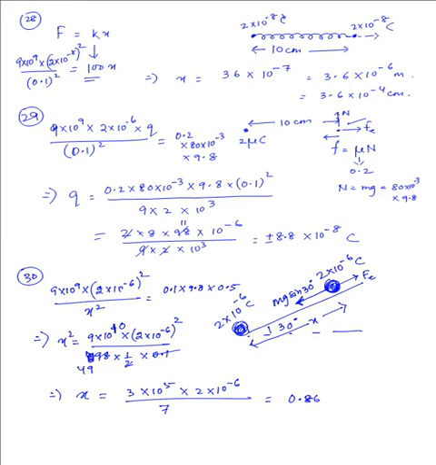So 0.86 and 10 raised to the power minus 1 only. 10 raised to the power minus 1 means we have 0.086. And that is going to be the distance in meters, of course. In centimeters it will be 8.6 centimeters.